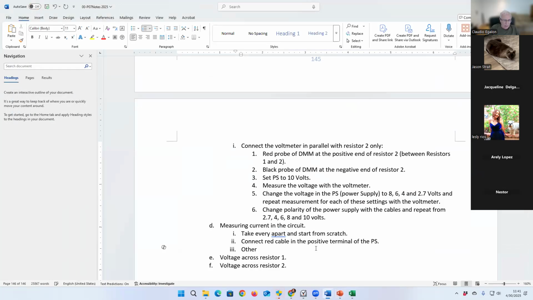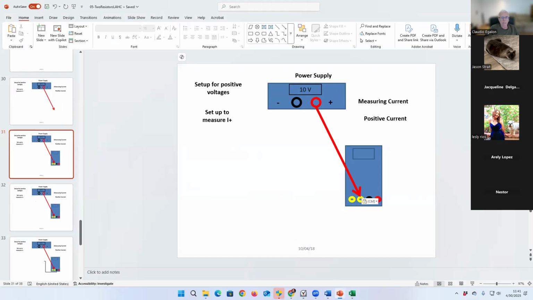Other end of red cable on the jack of the DMM that measures current. Okay, like that.